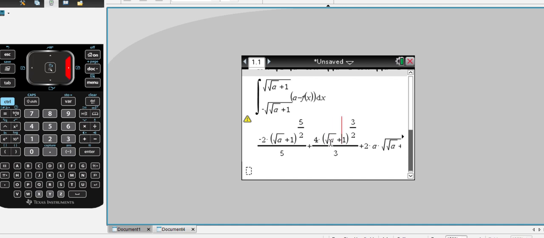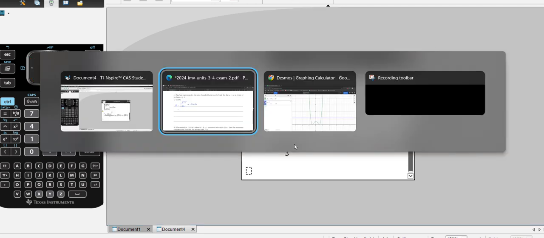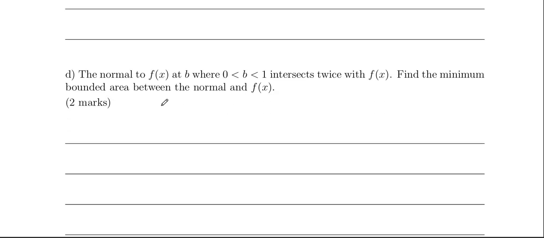Yeah, so it just gives us that. And you'd write that in for your answer. But I'm not going to do that, it just takes too much time.